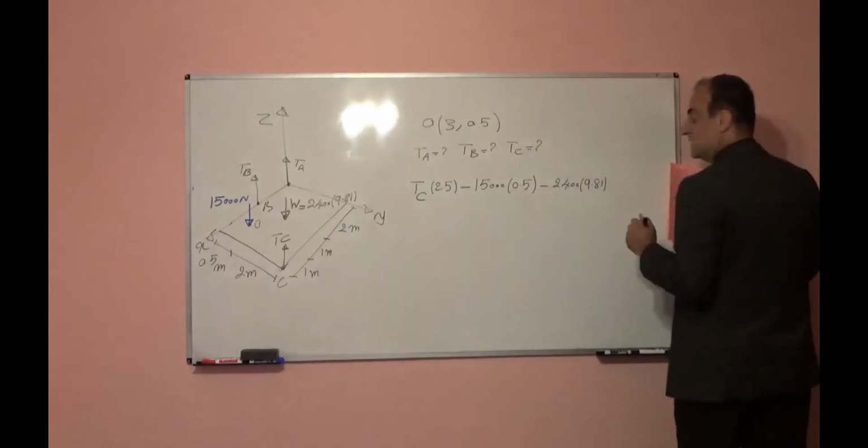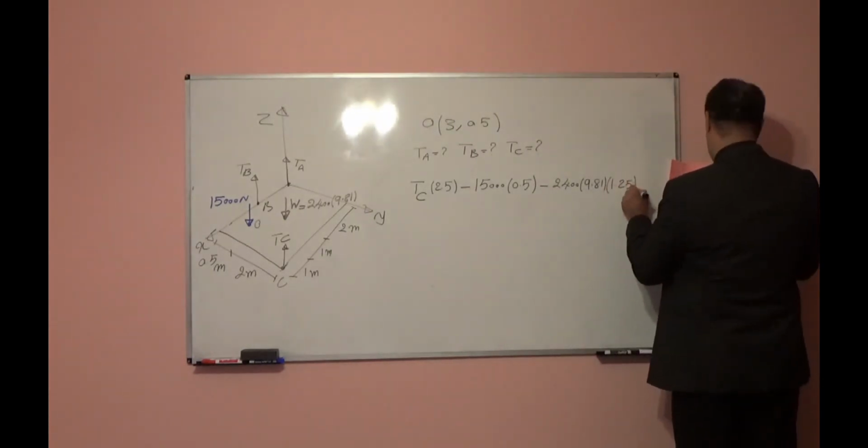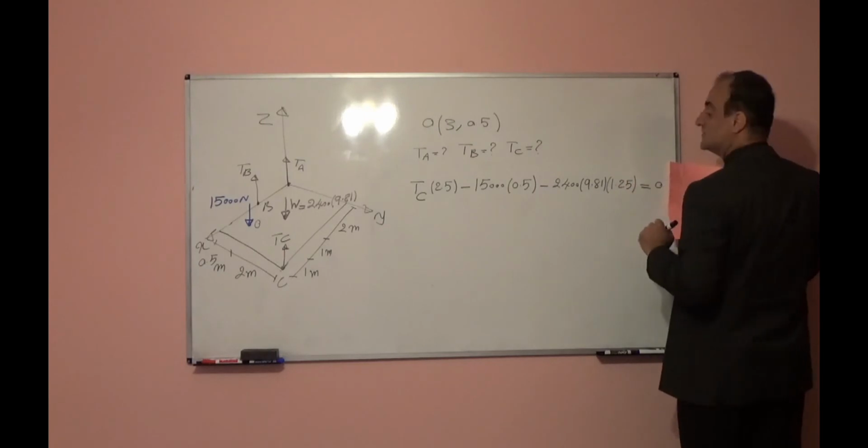It will be half of 2.5, it will be 1.25 meter, is equal to 0.